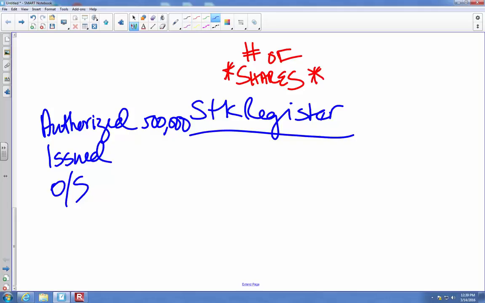So in this example with my common stock, how many shares did I just issue? And right now at this point in time, how many shares are outstanding? There would be 470.